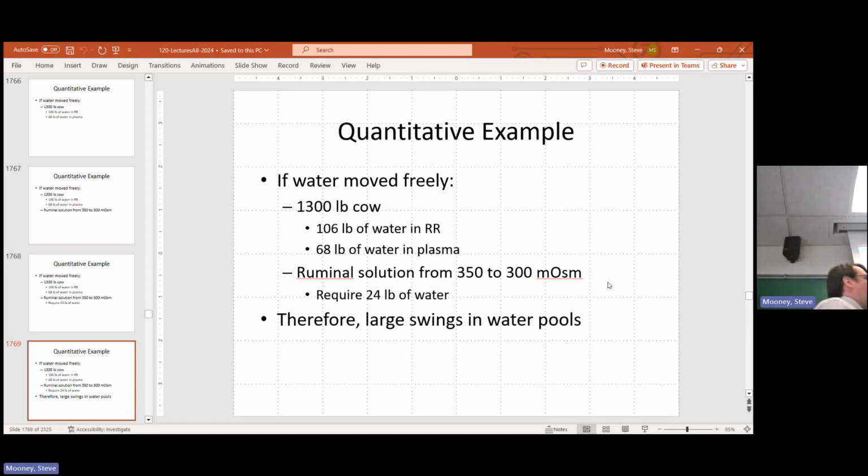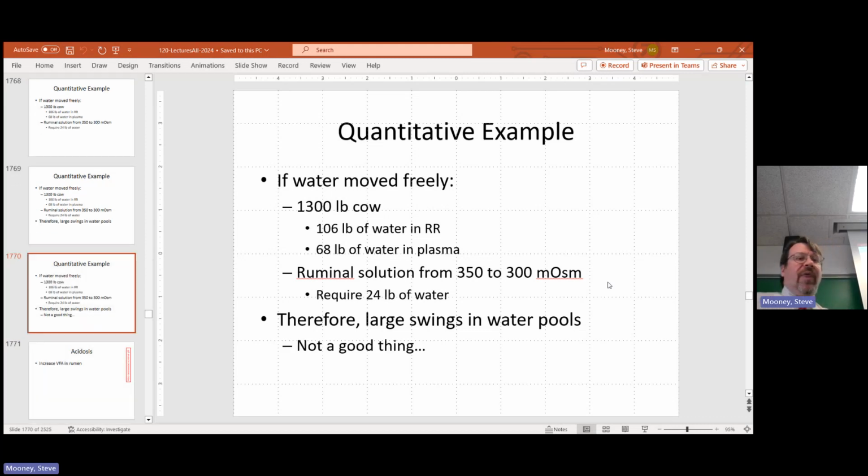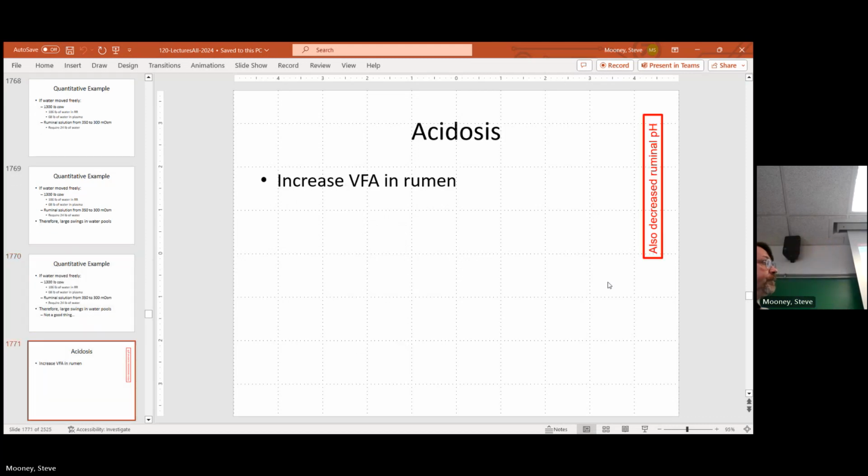So if this were allowed to happen, and it does, because we can't stop that flow, we get large swings in the water pools of the body. You've just expanded the rumen to 140, and the blood's down to 44. So that's not a good thing.